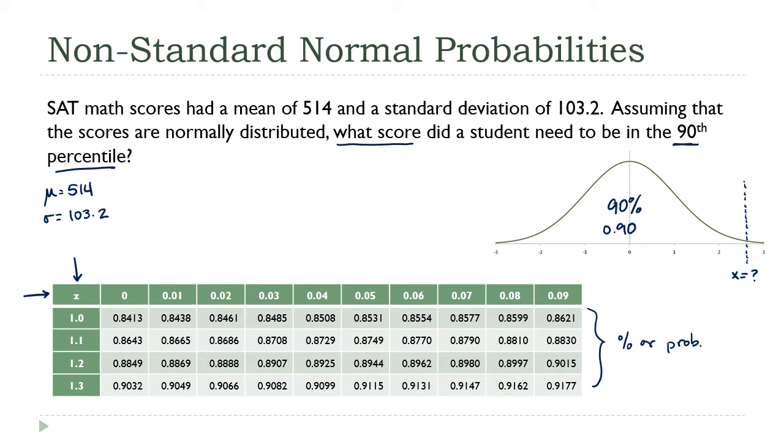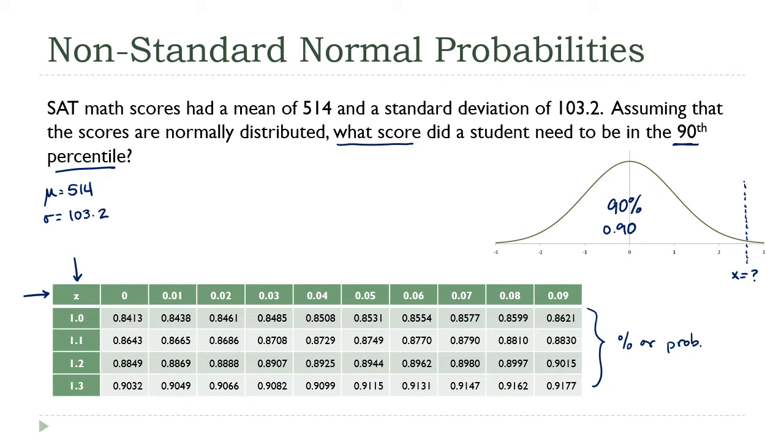Okay, 0.90 doesn't appear on the table. 0.9000 isn't on here. And that's often going to happen, and that's okay. When it does, there are a lot of different textbooks, and they'll take different approaches. They'll do this interpolation business. I just take the value that's closest.